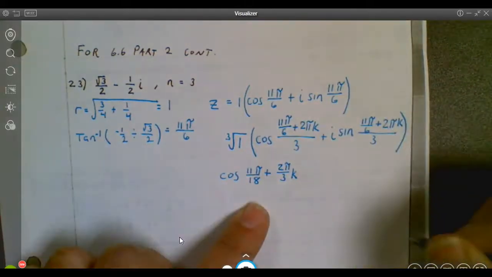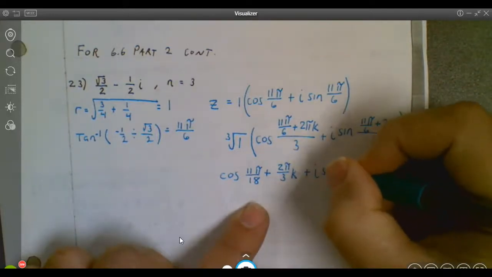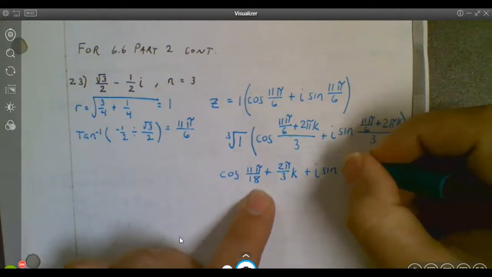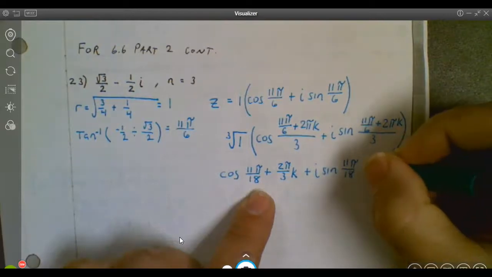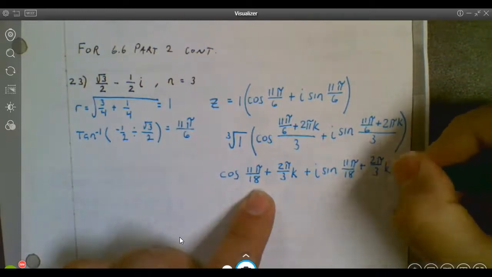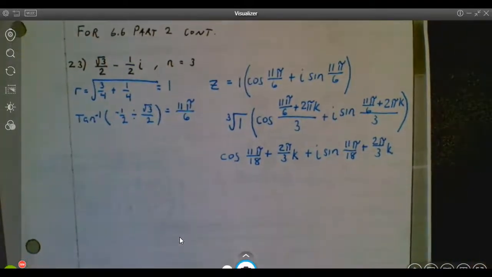So we're going to be using that. We're also going to be using the same thing with sine. This will reduce the same way, 11 pi over 18, plus 2/3. Okay. So here's the setup, and now that I've gotten this far, really the hard part's over, because now all I have to do is plug in some numbers.